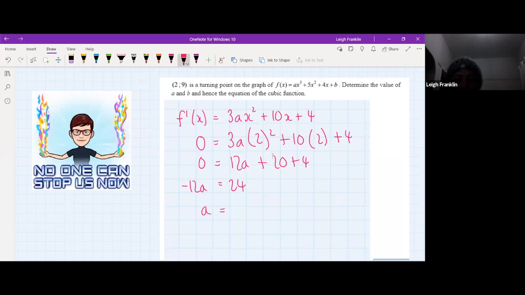So a will be equal to negative 2. Does that make sense to everyone? Good stuff. How are we going to work out the value of b, Matrix?